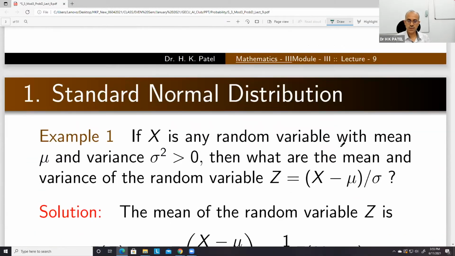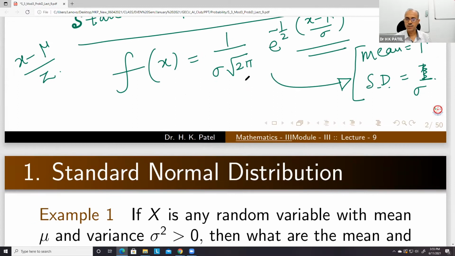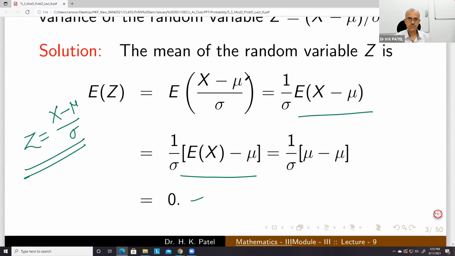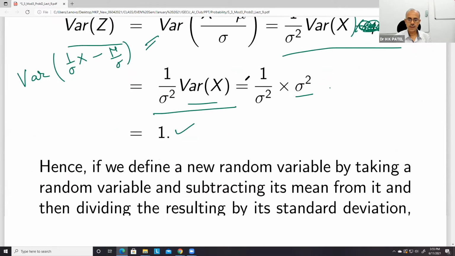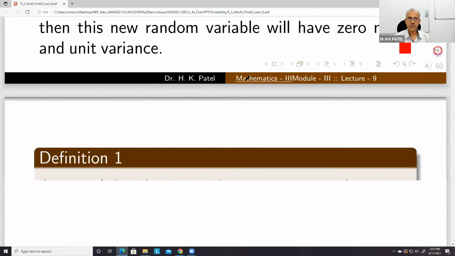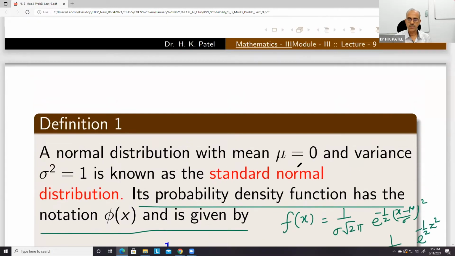So last time we had this standard normal distribution. Standard normal distribution is a distribution having mean 0 and variance 1. Okay, and then any normal distribution can be converted into standard normal distribution.